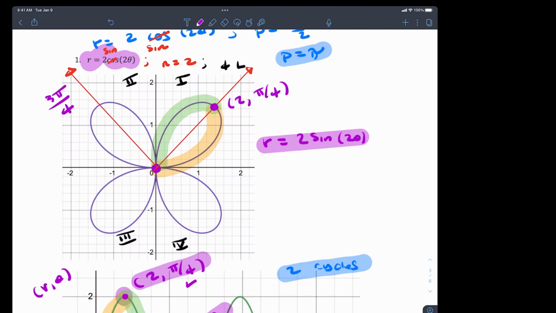My radius is on the opposite side, over here. So this is the point (-2, 3 pi over 4). It's on the opposite side, so you're going this way now. Remember, negative radius is on the opposite side of the pole.